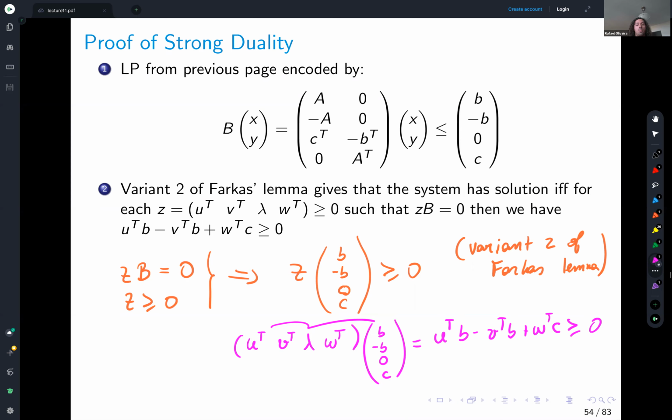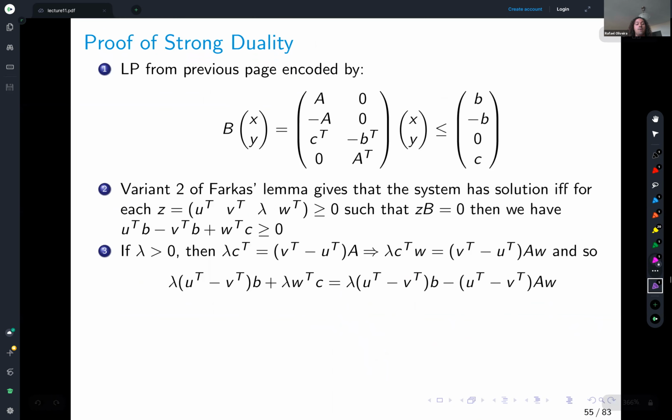And now we have 2 cases to analyze. Remember, variant 2 of Farkas lemma is that for all, and for all here I put for each because they mean the same thing, for each Z which is non-negative and ZB is equal to 0, we have that this inequality holds.